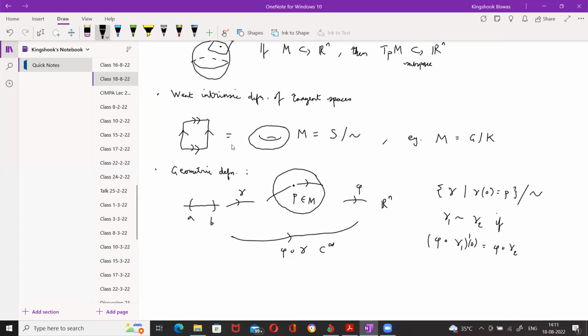These should have the same tangent vector at phi of P.